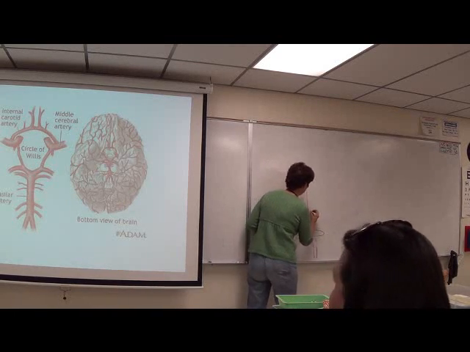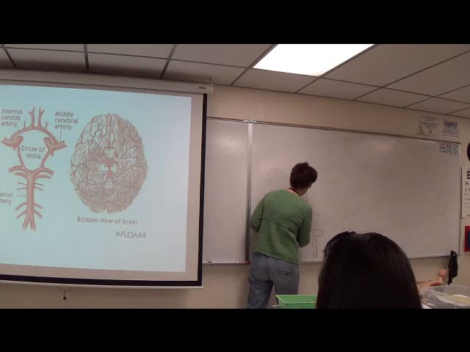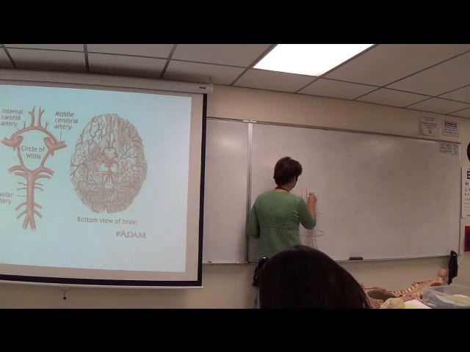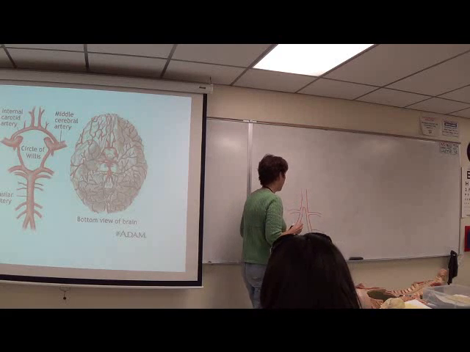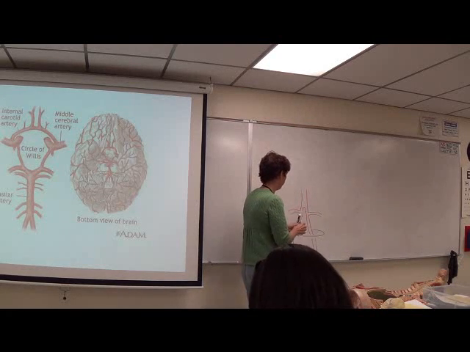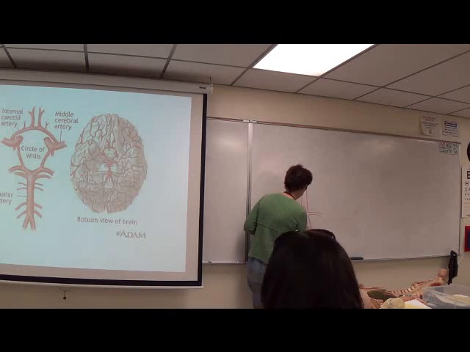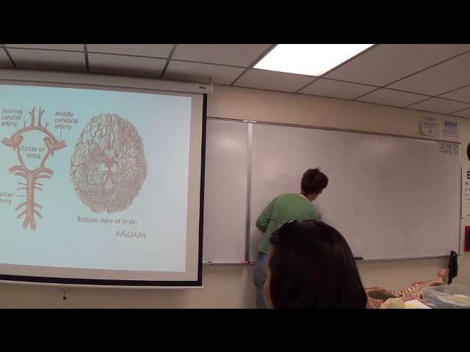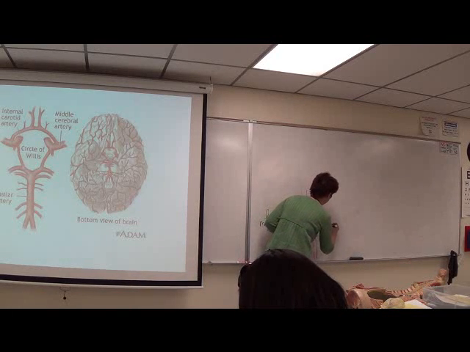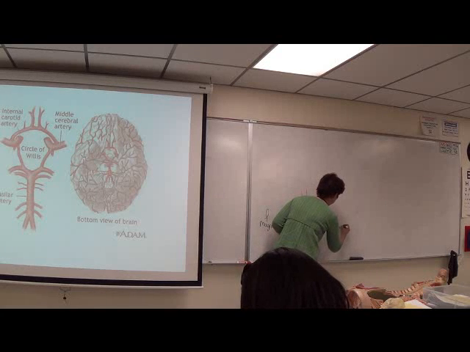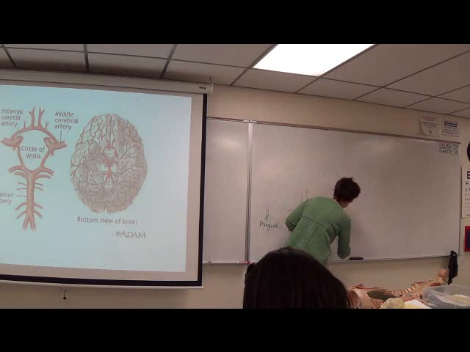Before they join, there's a major branch, there's lots of branches given off here. But the vertebral arteries are going to be traveling along the medulla. And their branches will supply the medulla as well.